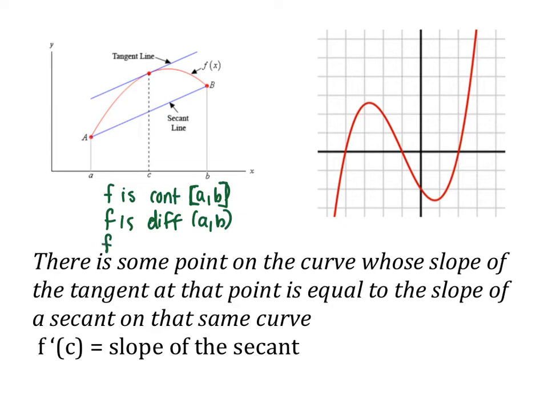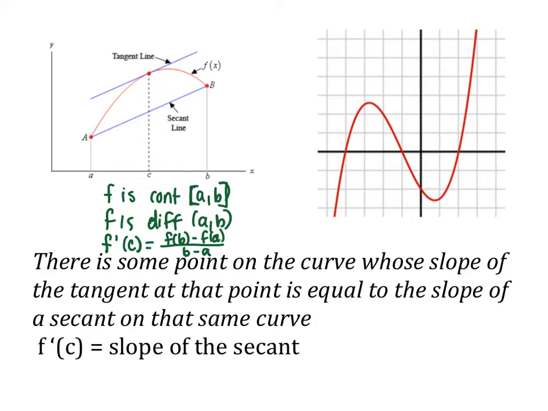Then there is at least one place where f prime of c is equal to the slope of that secant line, and that slope of that secant line is going to be f of b minus f of a over b minus a.